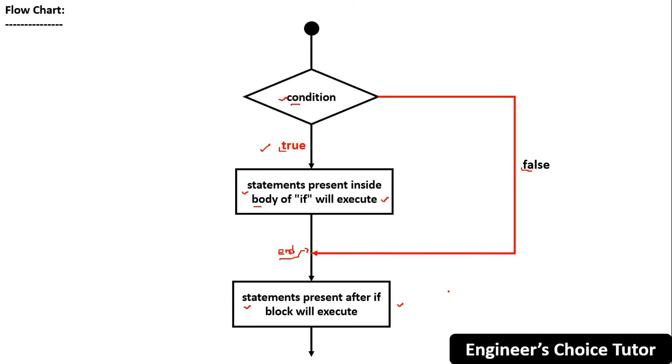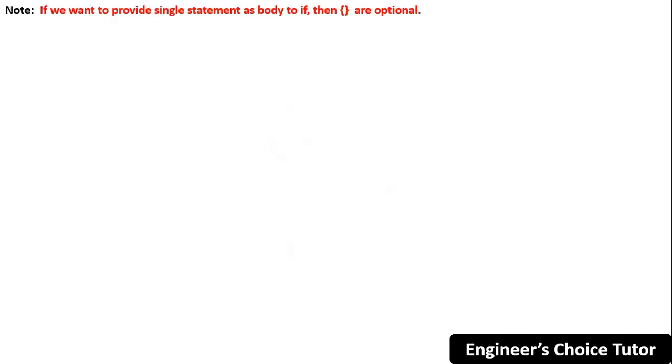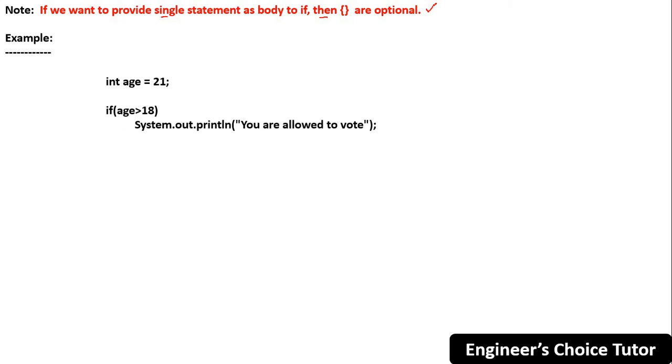Now let's see the next point. If we want to provide a single statement as the body of if, then curly braces are optional. For example, here we have int age is equal to 21, then we have if age is greater than 18. If the condition is true, then execute only this single statement.